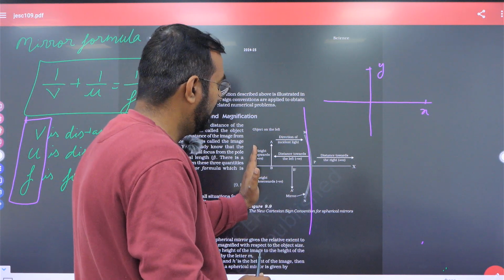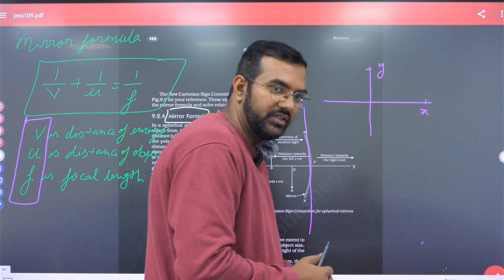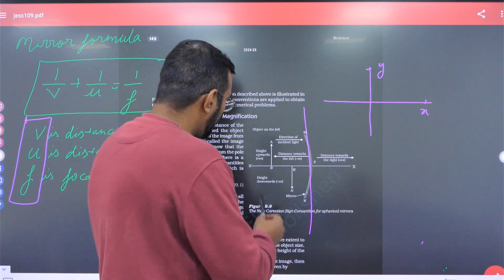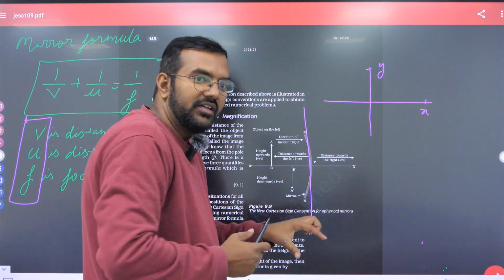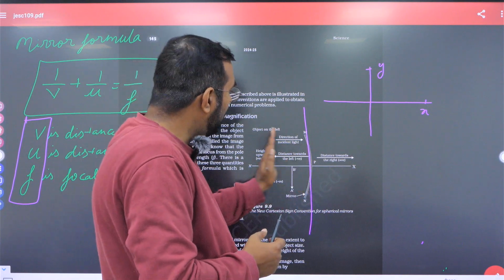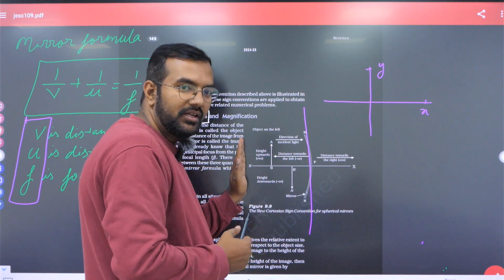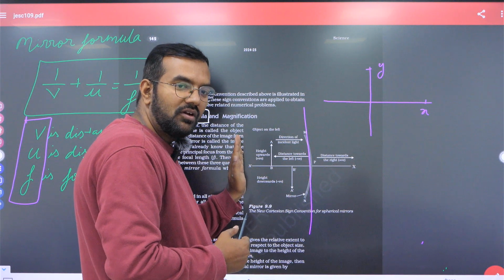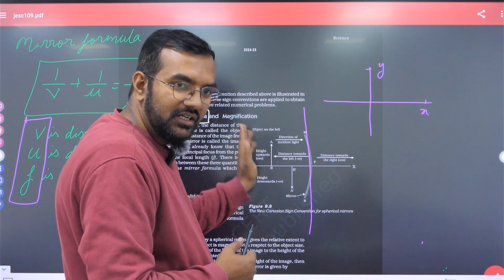This side negative, this side positive. Means the object will always take a negative value, as I told, because it is always left of the mirror.